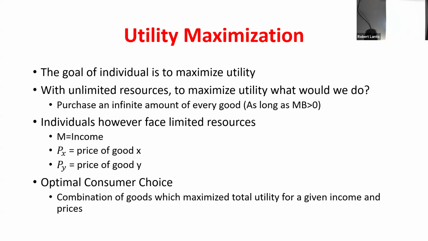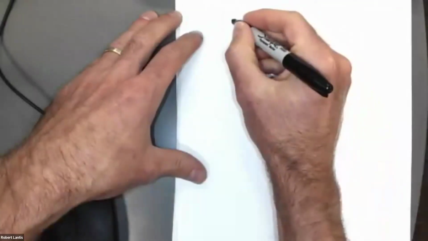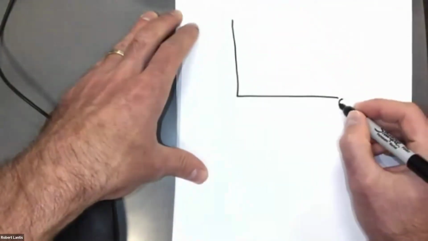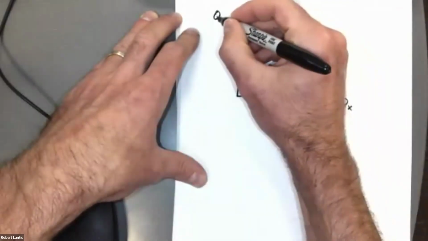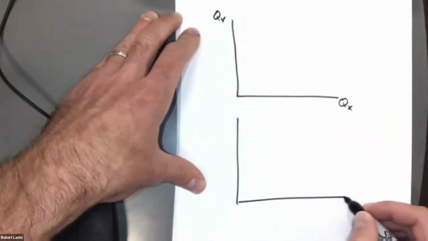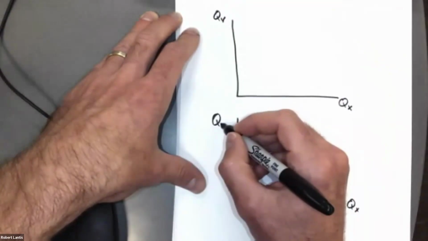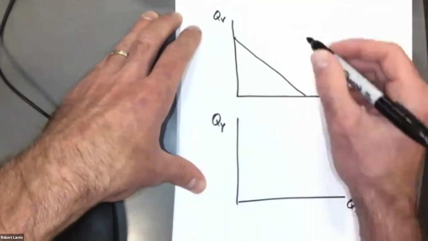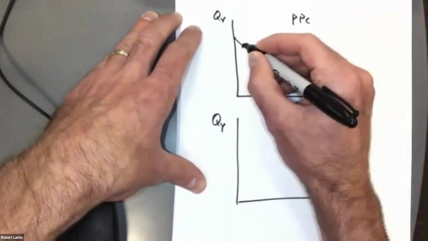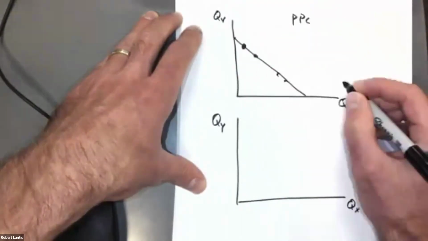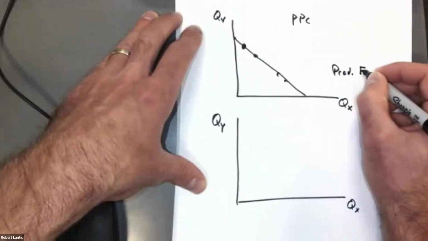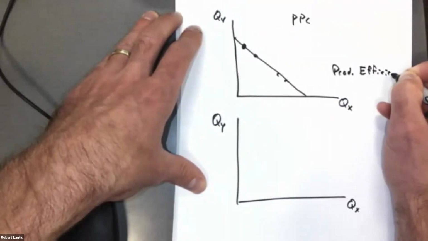Remember, I'll match this up with what we talked about way back in module 2, when we were looking at quantities for production. Now we're just looking at quantities for consumption. On our production possibilities curve, we said every point on the curve was what? Production efficient.